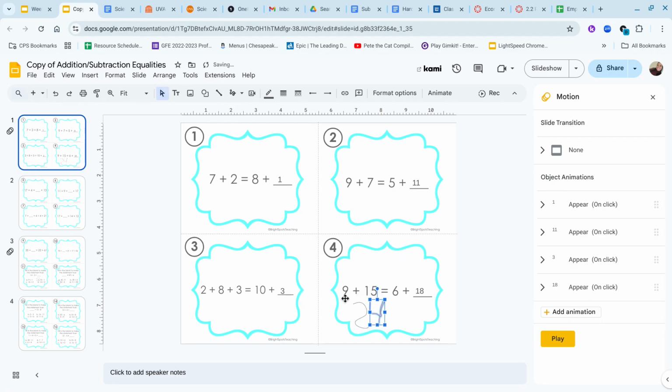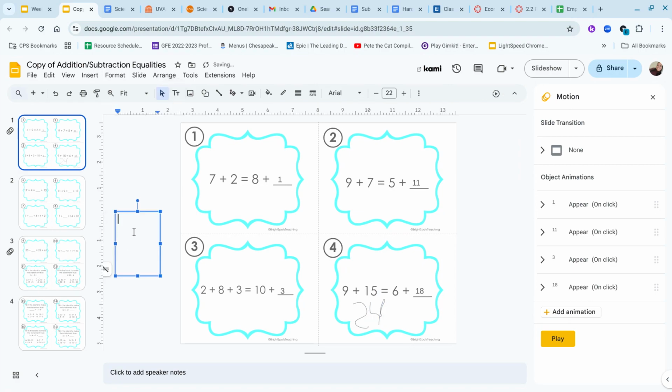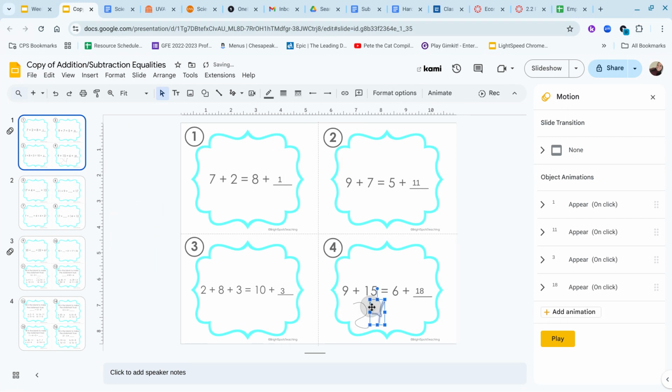Now I have to figure out 24 equals 6 plus what? To do that, I have to subtract 24 minus 6. If I subtract 24 minus 6, I get 18. So that's how you figure out those type of problems.